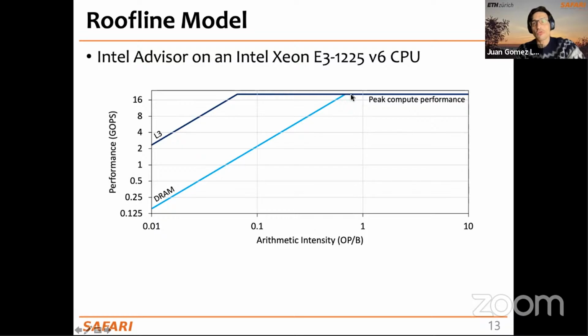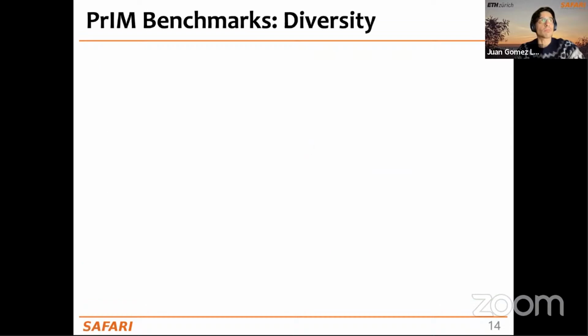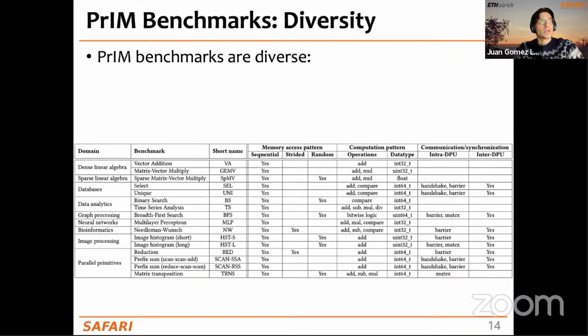The other roof of the roofline model is the peak compute throughput that is given by the available execution units in the processor. So these are the 14 workloads, and as you can see, all of them fall in the memory bound area of the roofline.